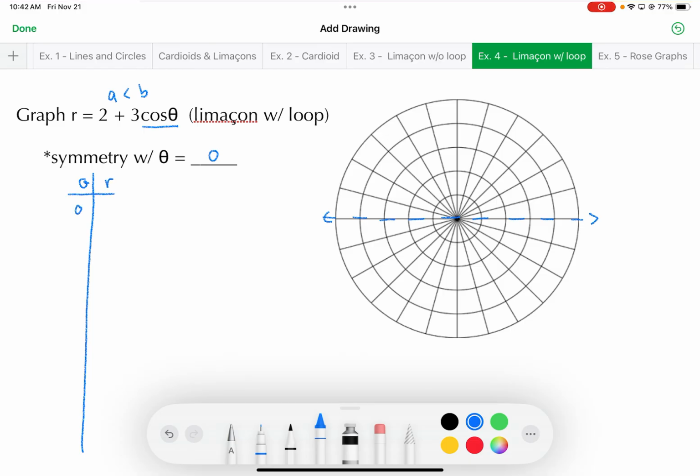So let's start with 0. 2 plus 3 times cosine of 0 would be 2 plus 3 times 1, or 5. So right away, I got a point there. Cosine of pi over 6 is radical 3 over 2.